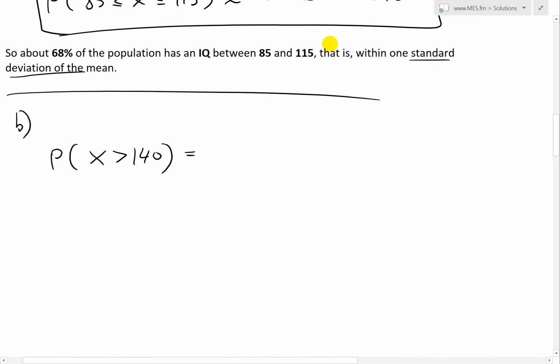So this is going to be equal to the area underneath the curve, from 140 all the way to infinity, because it keeps going all the way to the right.